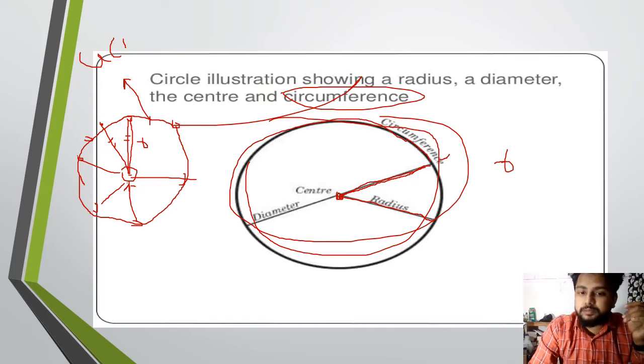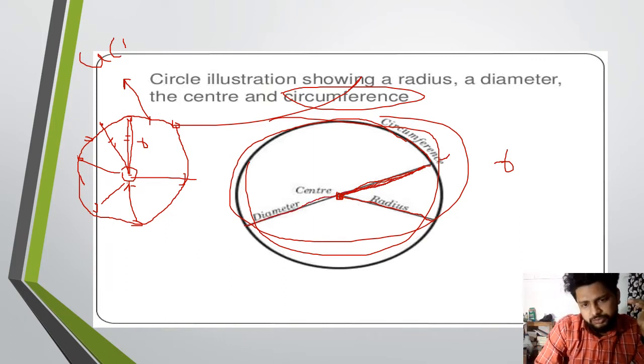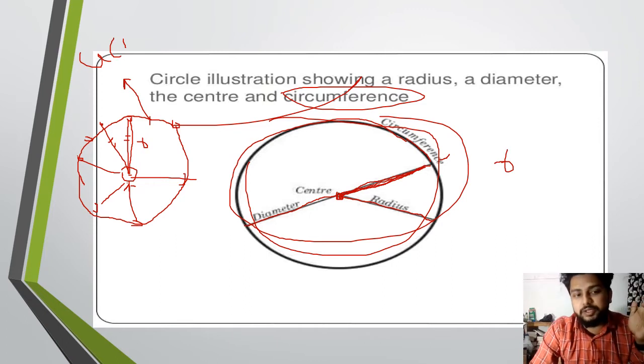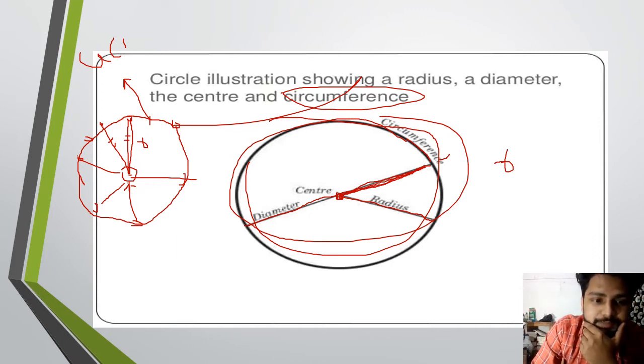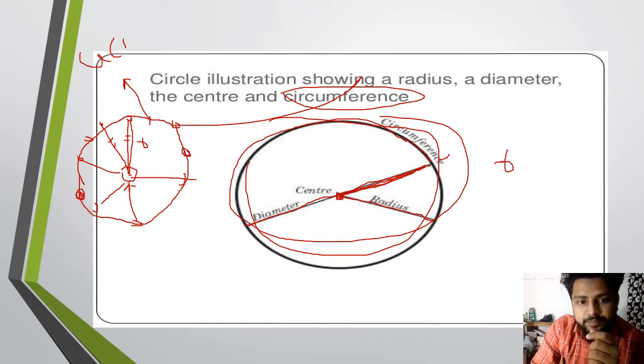And when we join any two points of the circumference going through the center of the circle, like here is one point and here is another point, are you visualizing these two points? You join these two points by passing through the center.